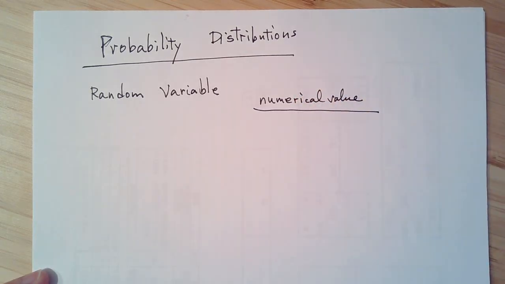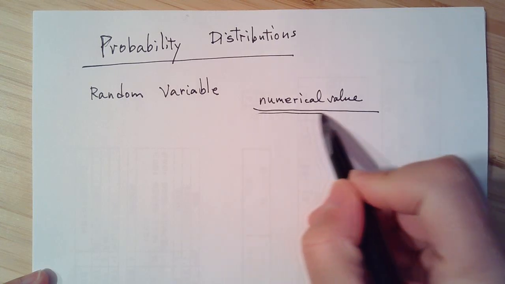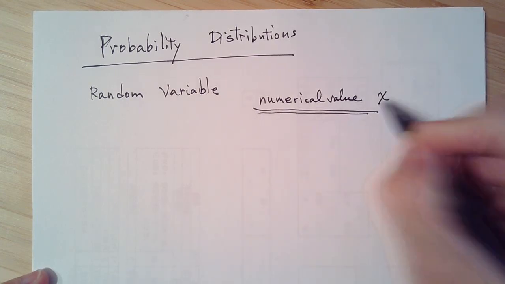All right. And it's determined by chance, for each outcome of a procedure. So for each test or each time you observe something, we call that a procedure. And for that procedure there is an outcome, and that happens by chance. It sounds kind of complicated, but the numerical variable, we usually call that x.